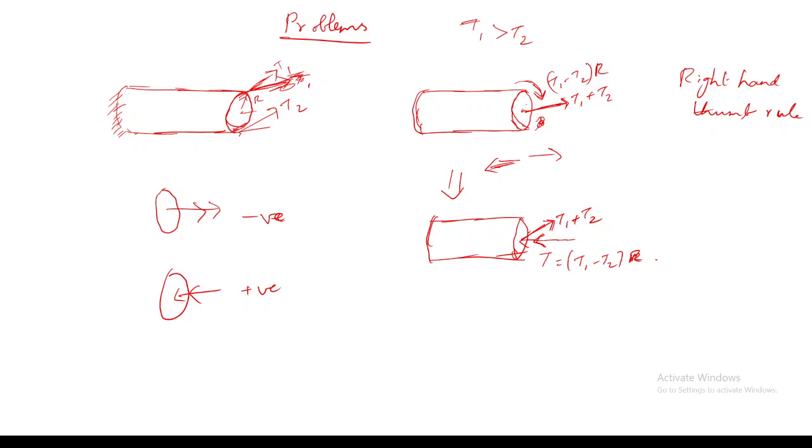And I said this end is fixed, right? So can you think of any reactions which are developed due to this? Will there be any reaction due to this shear load T1 plus T2 as well as this twisting moment? Because I have said this end is fixed.